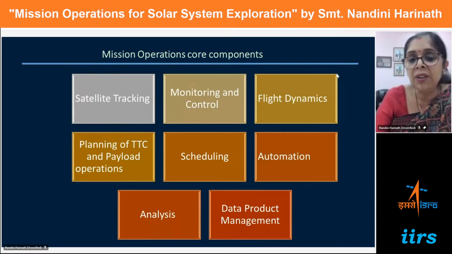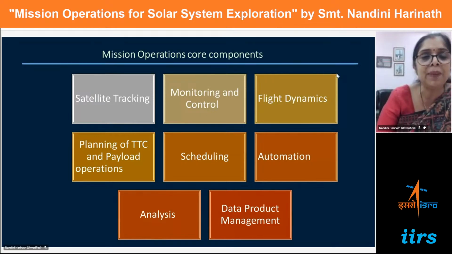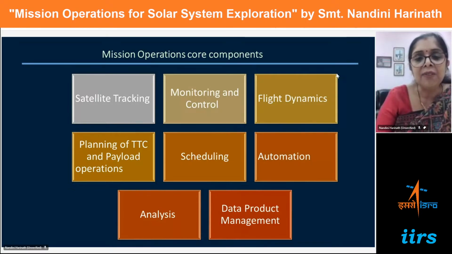So there is analysis of spacecraft data, analysis of the orbit, analysis of each and every component, which is also a regular job when we are carrying out operations. And finally, the product that comes, or the science data that comes from the satellite, has to be managed. So data product management, dissemination to the users is done again by our center, wherein users of all these science missions come and have free access to this data.